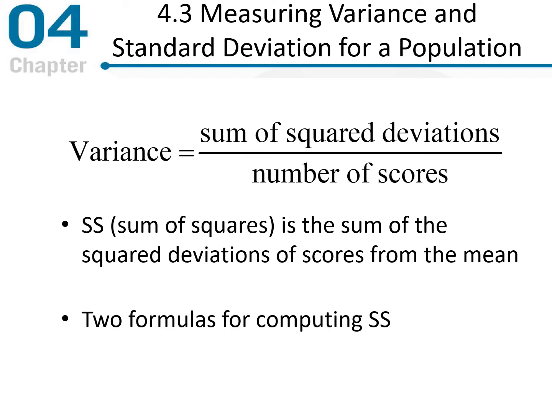There's also a shortcut, what we call the computational formula, to calculate the variance, which is a good way to do it if you have fractional means. If your mean has a decimal point, you want to use the computational formula because it's going to get rid of all the decimals. If you use the deviation score method, you're going to have 7 minus 5.33, and then you have to calculate the deviation score, which is 1.667, and then square that.